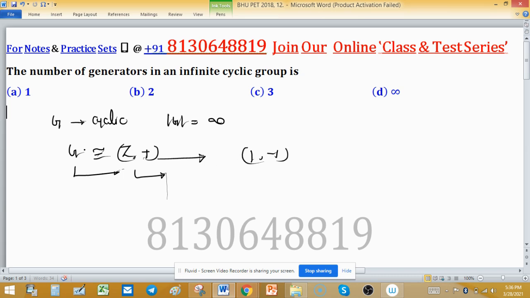So G also has 2 generators because they are isomorphic. Almost all properties, such as order, generators or other related properties, will be the same for isomorphic groups. So option B is right. This is a theorem: every infinite cyclic group has 2 generators. If you know the theorem, you can directly tick the correct answer.